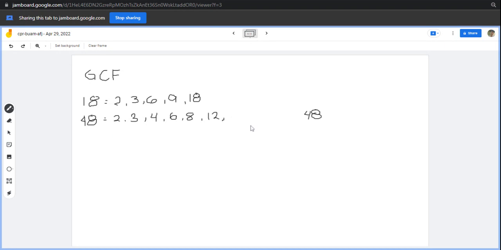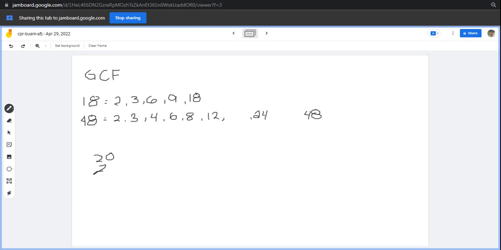Hindi pala 14, kasi 24, pwede pa si 24, diba? 24 plus 24, or 24 times 2? What about 20? 20 is not. Kasi 20 plus 20, 40, so may labis siya na 8, diba? So hindi siya divisible by 20.